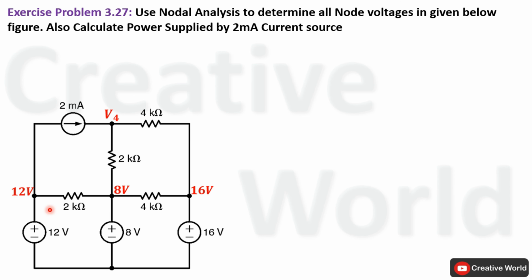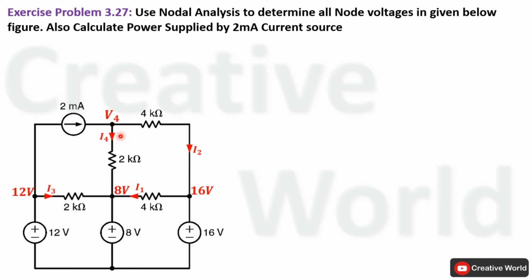In next step we have to assume all unknown branch currents along with their directions. Now we will apply one by one Kirchhoff's current law on these nodes to find out their node voltage equations. There is no need to apply Kirchhoff's current law on these three nodes because their node voltages are already known.